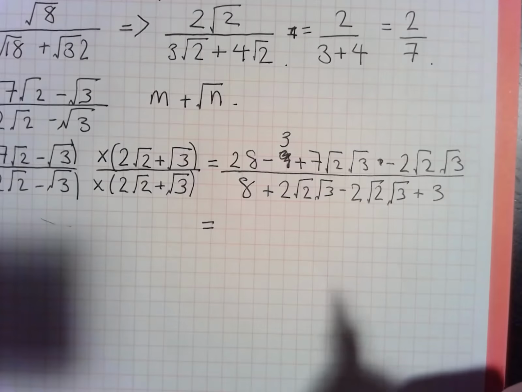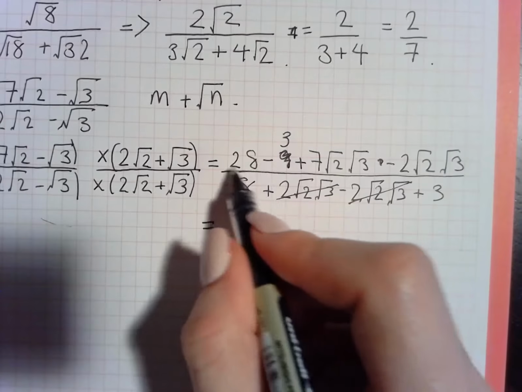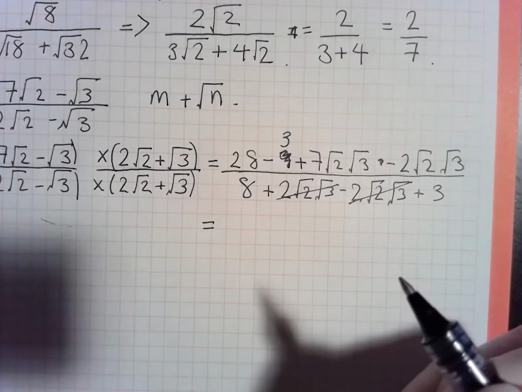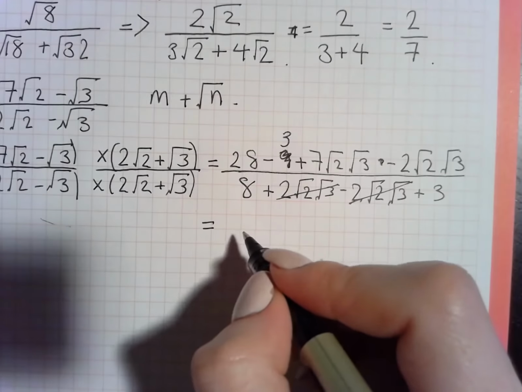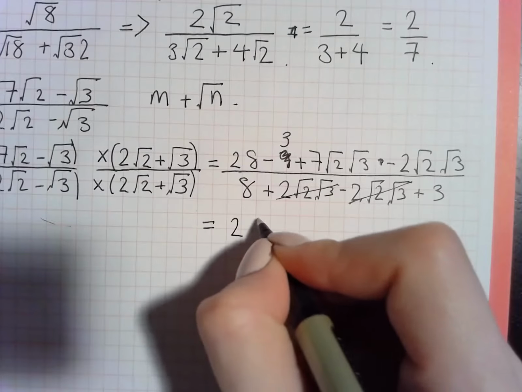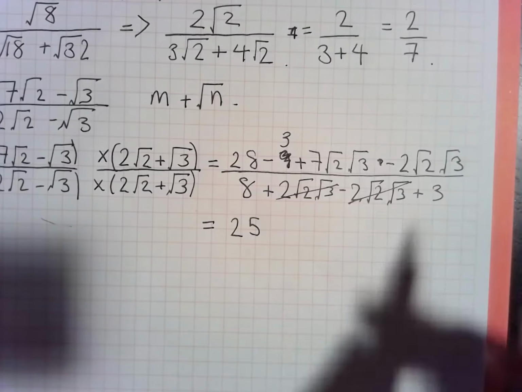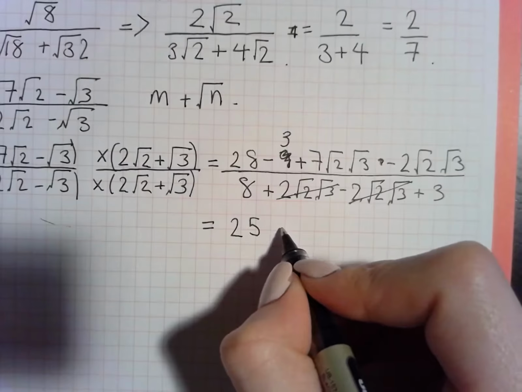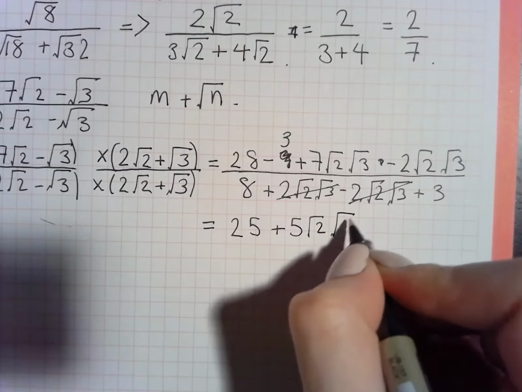Okay, so these two cancel, 8 plus 3, so we're going to go 28 minus 3, which is 25, plus 7 root 2 root 3 minus 2 root 2 root 3, which is plus 5 root 2 root 3.